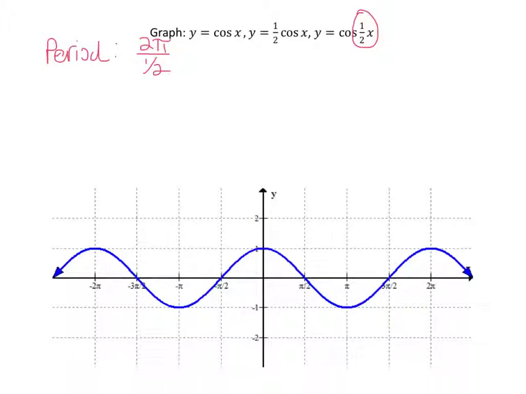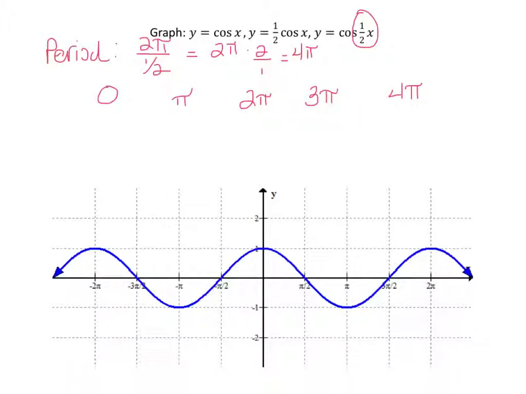So that will be the same as 2 pi times 2/1, or 4 pi. So in this case, the period of the graph is 4 pi. I list out my beginning and end. I list halfway through, a fourth of the way through, and 3/4 of the way through.